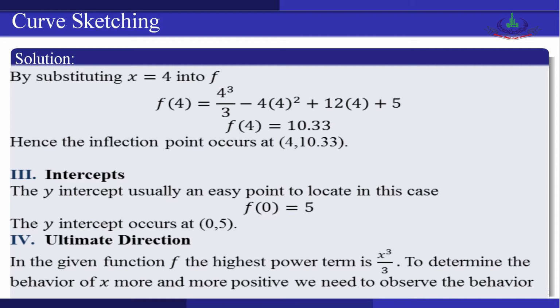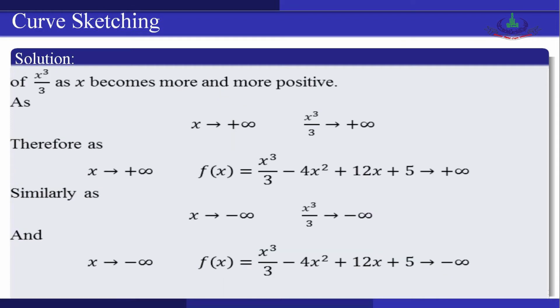The next step is the ultimate direction. In the given function f, the highest power term is x cubed over 3. To determine the behavior as x becomes more and more positive, we need to observe the behavior of x cubed over 3. As x goes to plus infinity, x cubed over 3 also goes to plus infinity.